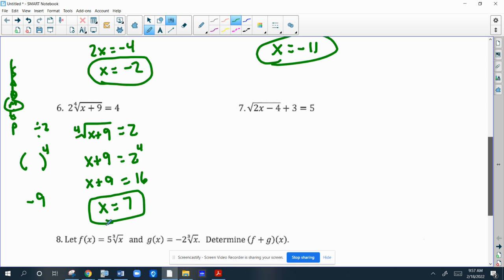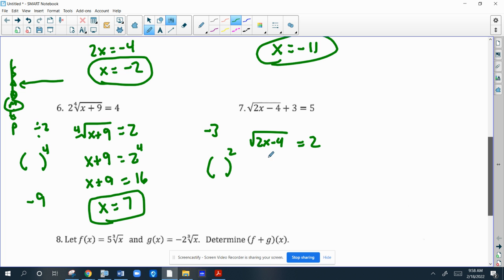Now going to number 7, same thing. Just about the same thing as number 6, except 6 was 2 times this root. We have this root plus 3. So take care of that addition first by subtracting 3. Now you square both sides because this is a square root.